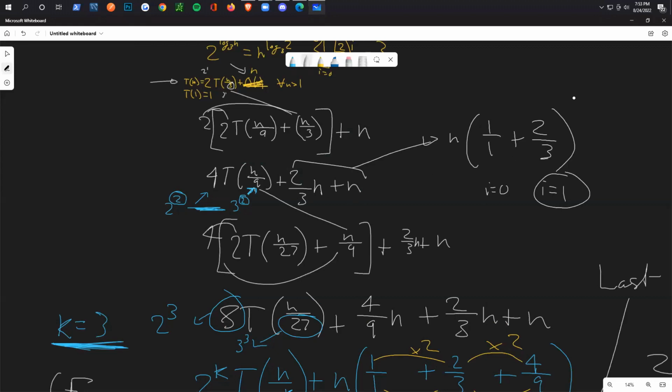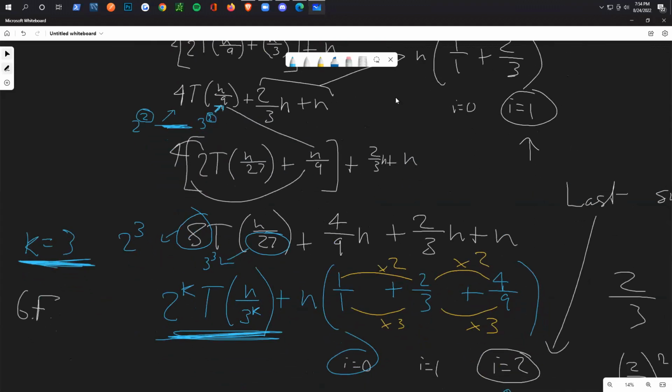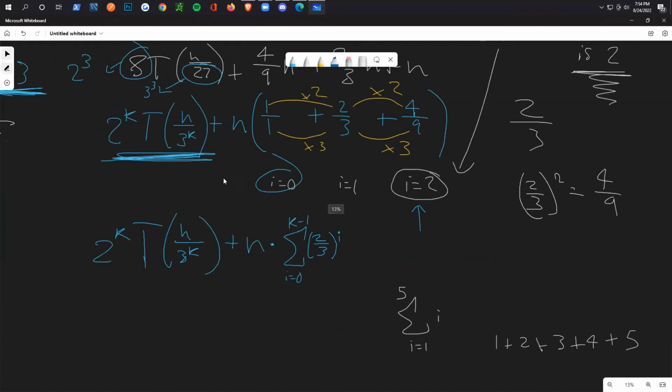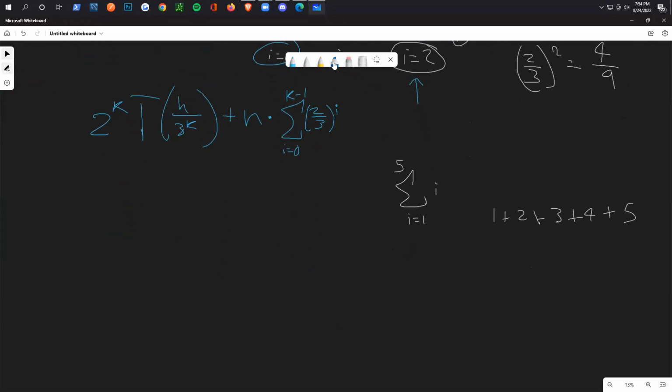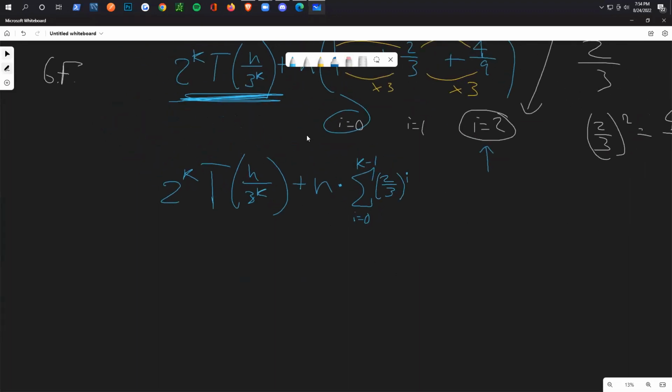So as you keep going through the iterations, it's bounded by k minus 1. So right here, k minus 1, 2 minus 1 is 1. When k is 3, you go k minus 1, which is 3 minus 1, meaning 2. So you only go up until 2 over 3 squared, which is 4 over 9. I hope that makes sense. Okay, so that clears that up.